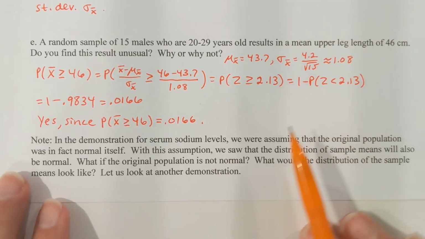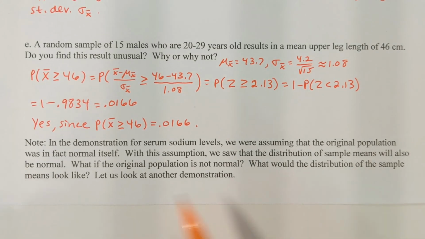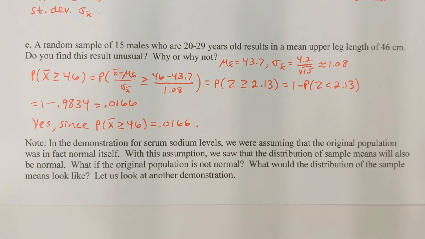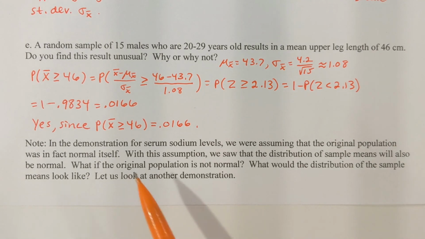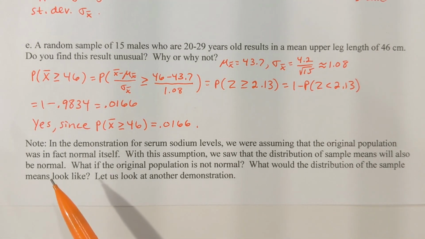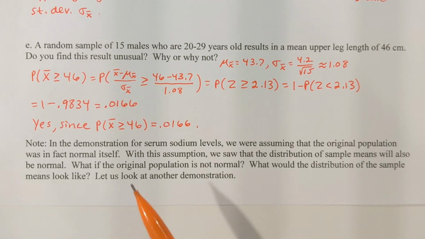With this assumption, we saw that the distribution of the sample means was also normal. I had shown you 3 histograms, and all 3 of those histograms had a normal curve overlaid on top, indicating that it was still bell-shaped and symmetric. Now, what if the original population is not normal? What would the distribution of the sample means look like? So in the next video, I'm going to show you another demonstration.